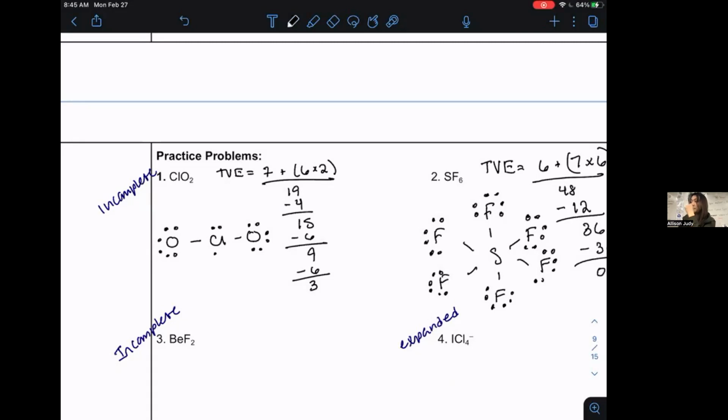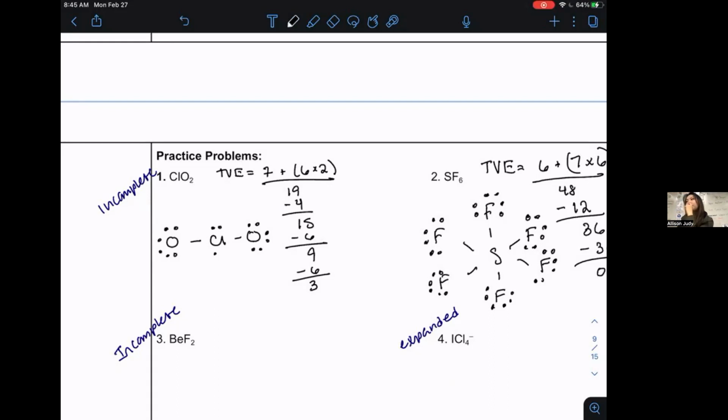That's it. It's going to be okay. I mean, it doesn't really have a choice. Now, you could argue, would it be better to be under 8 or over 8? Should I double bond one of these oxygens to it? Because chlorine is technically row 3 or above. But what do we know about halogens?